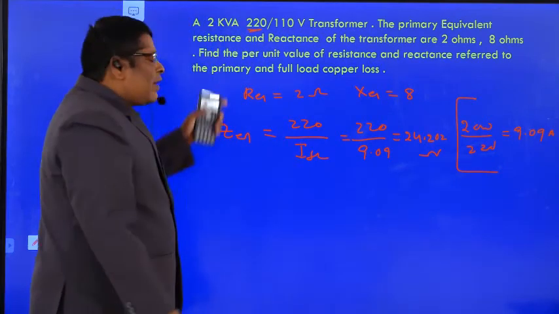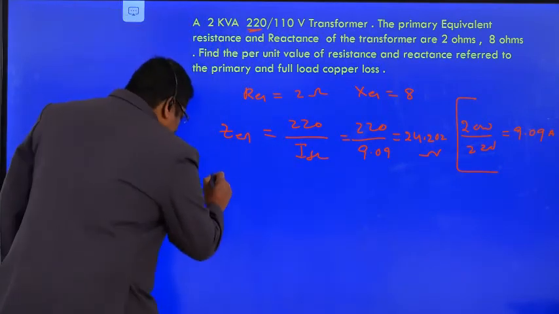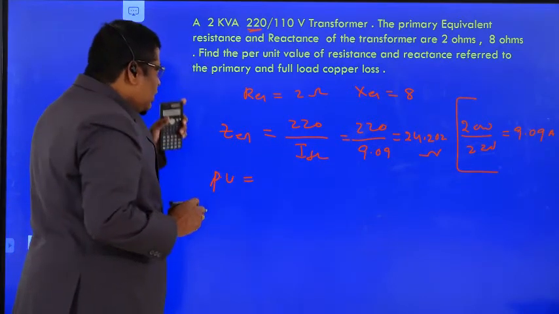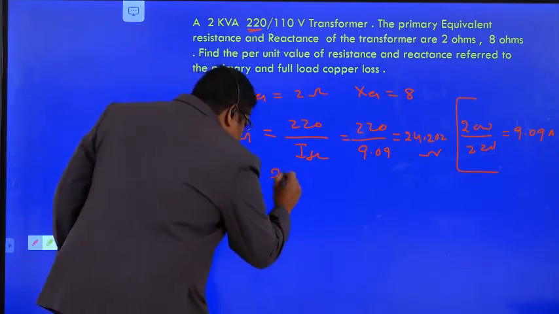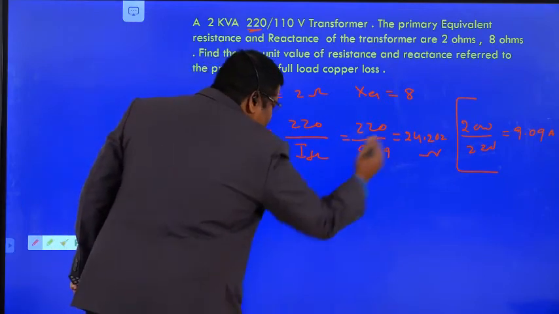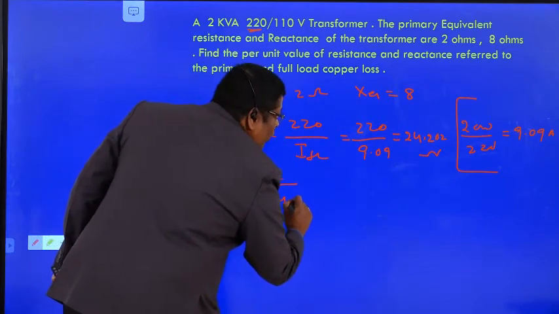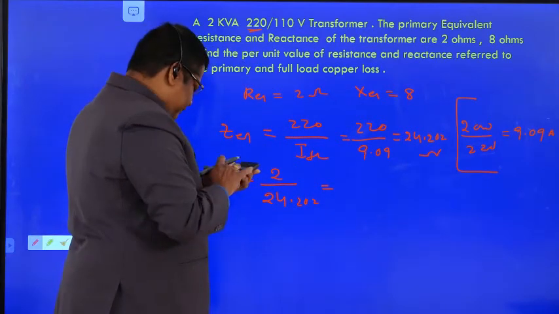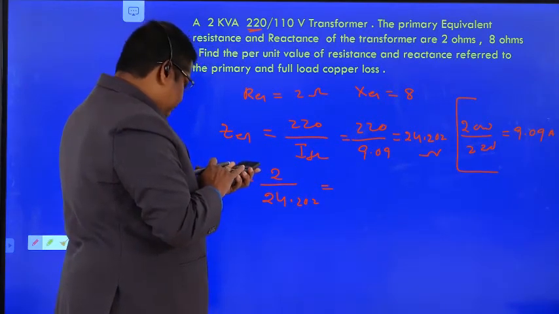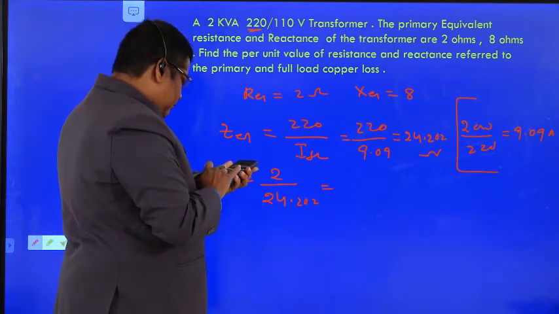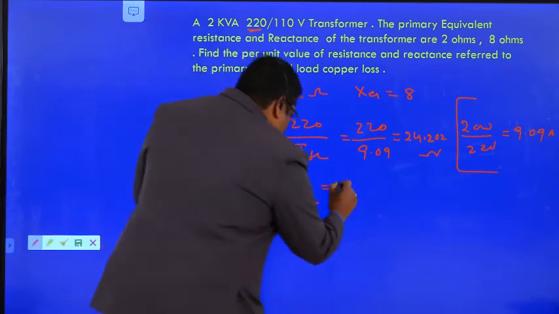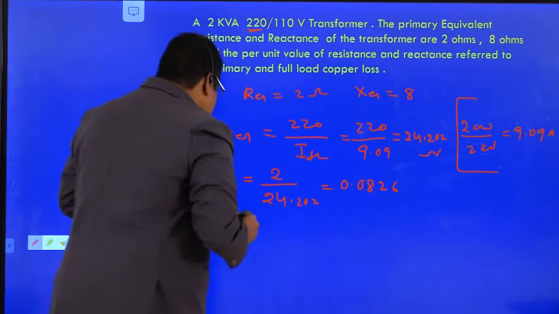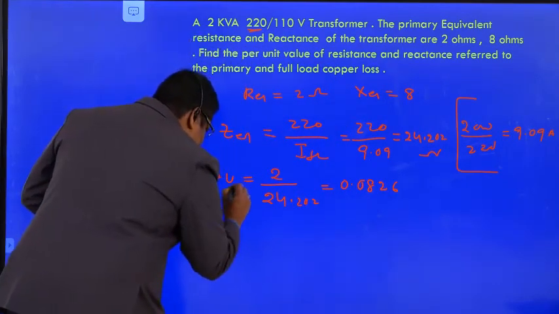Now the per unit value of resistance with reference to the primary is equal to the actual value divided by the base value, that is 2 divided by 24.202. This is equal to 0.0826. This is the per unit value of resistance.